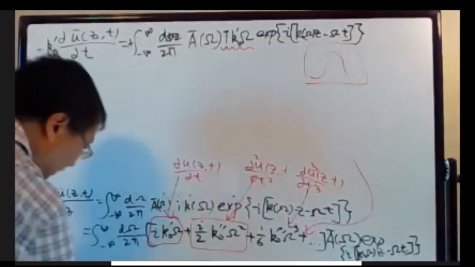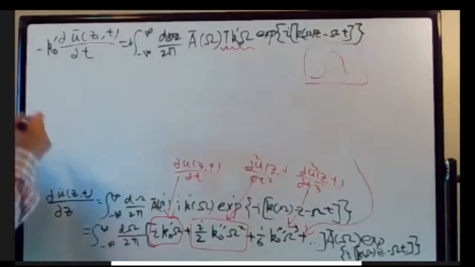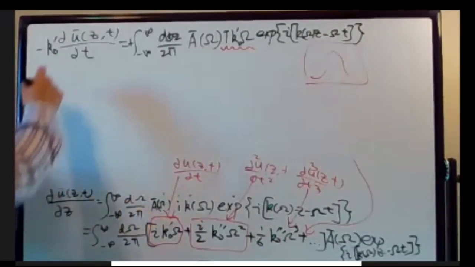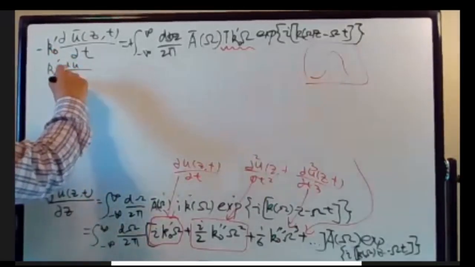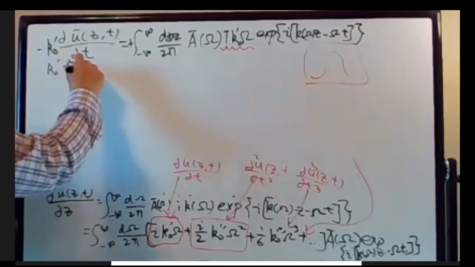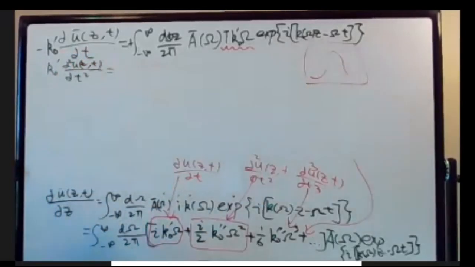Third order, right? Okay, so let me write it again. So this will be the k naught prime, partial squared u partial t squared, second order, right? So equals, now let's do this as a positive, right? So this will be negative also, right?